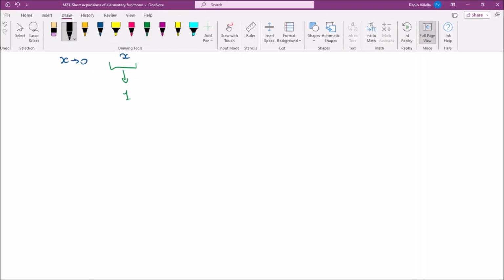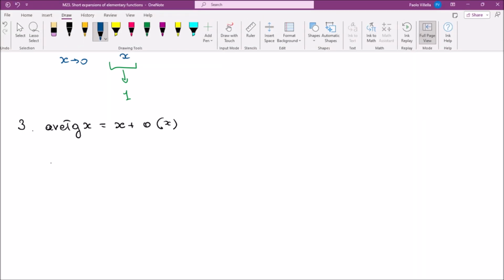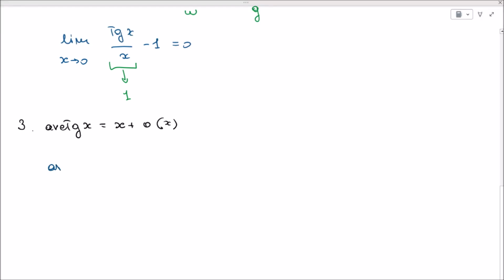Third expansion. Arctangent of x can be expanded into x plus little o of x. Usual procedure, arctangent of x minus x equal to little o of x.